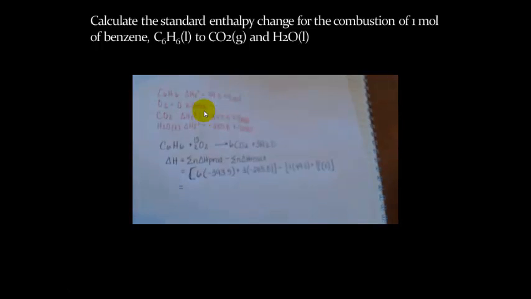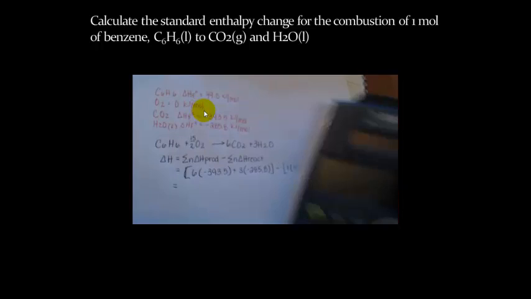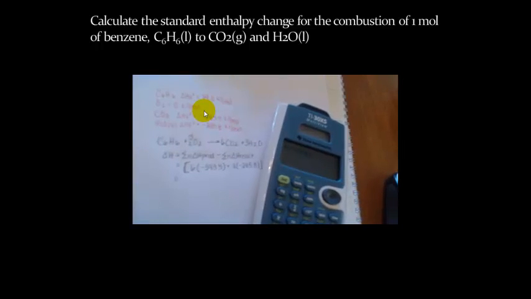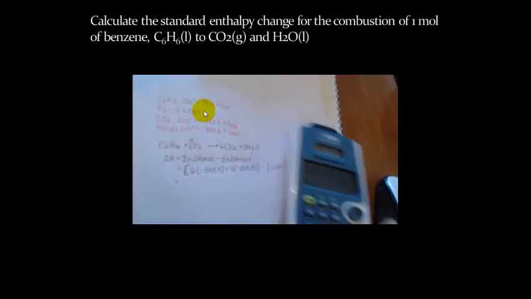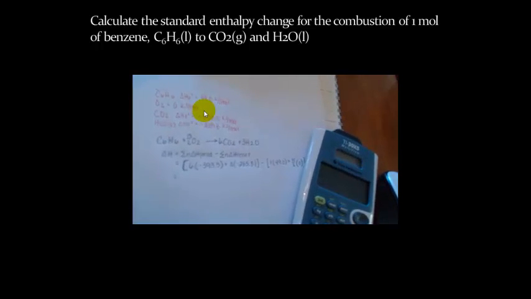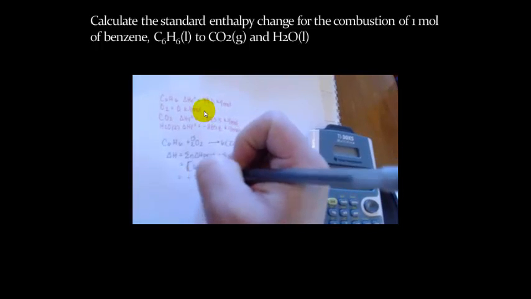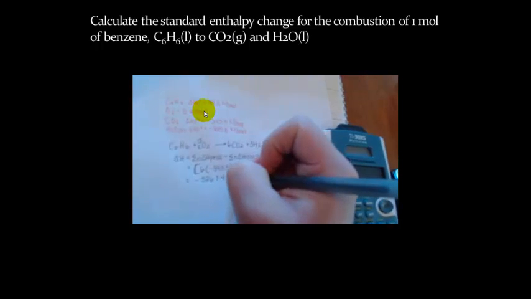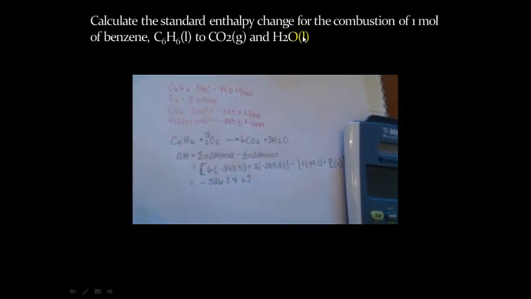So when we plug this into our formula, we're going to get a delta H of negative 3,267.4 kilojoules.